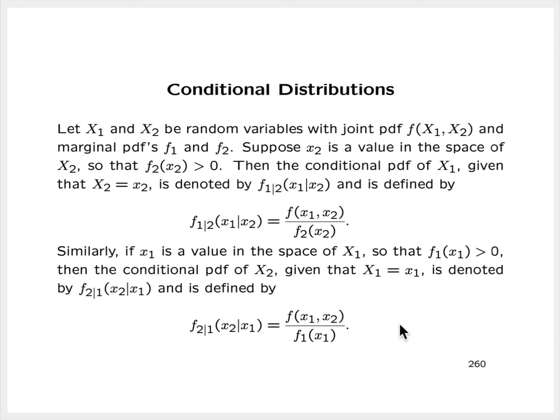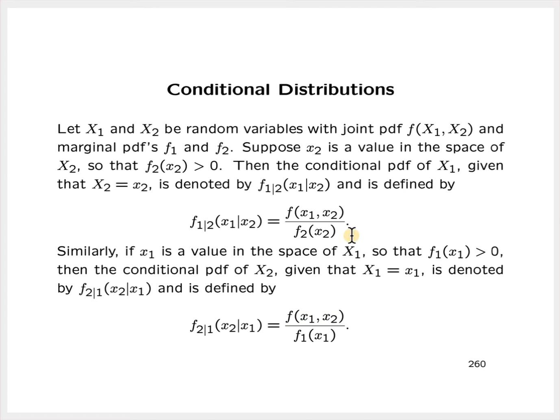We define the conditional PDF of X2 given X1 as the ratio of the joint PDF evaluated at those two values, x1 and x2, divided by the marginal PDF of X1 evaluated at the value x1. And so you can see in each case, in the numerator, we have the joint PDF. You see that in both these cases.